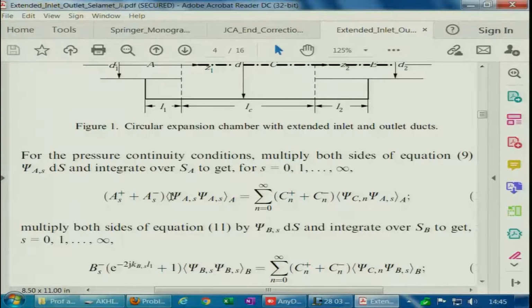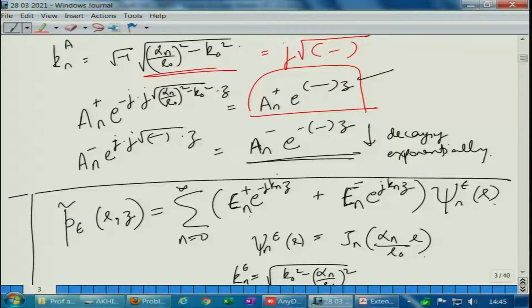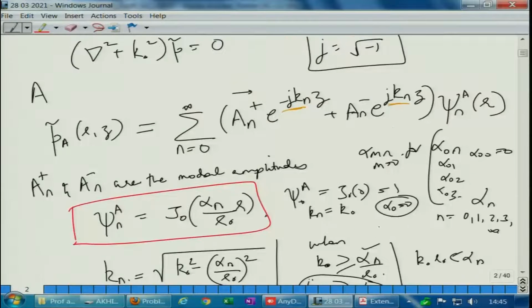So, you multiply this by a generic function. If this is n, here you multiply by n1, and then you integrate it.